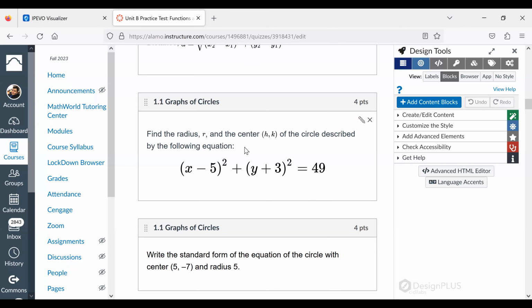Okay. So number 5, I believe. Find the radius R and the center HK of the circle described by the following equation.